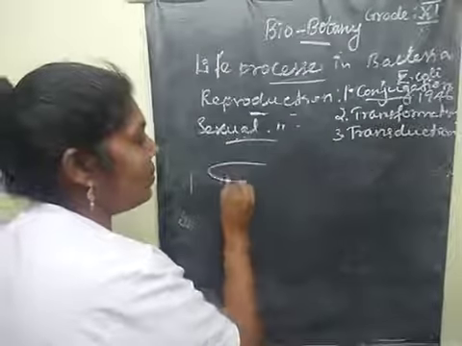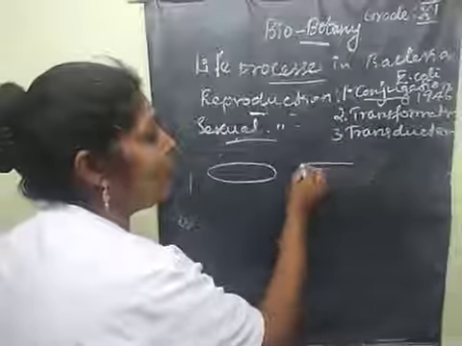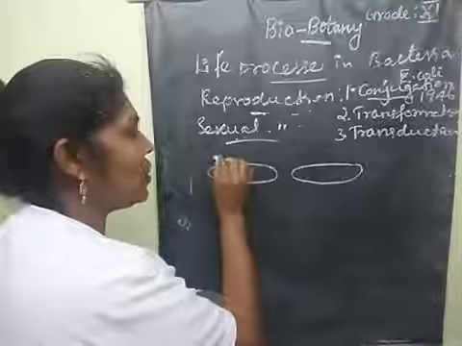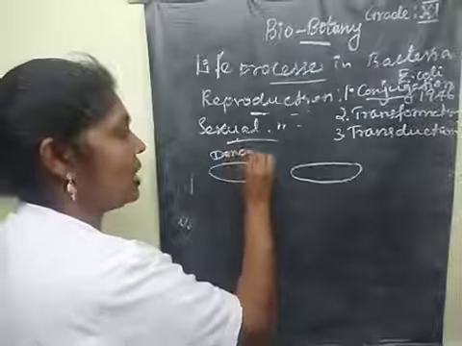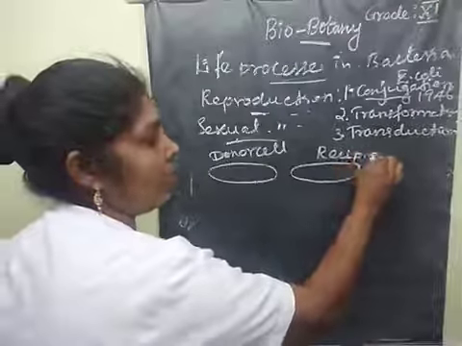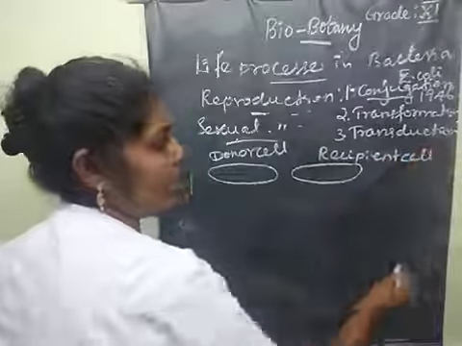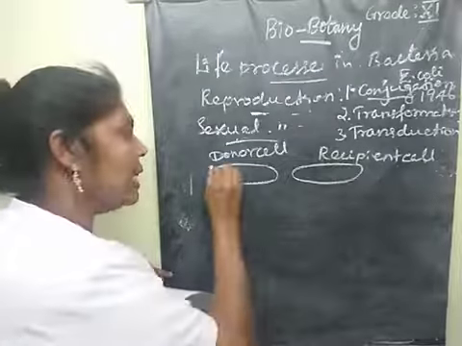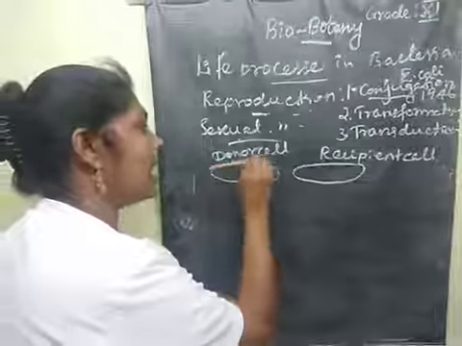In this conjugation, two bacterial cells are represented. First, this is the donor cell, and this is the recipient cell. The donor cell has the fertility factor.